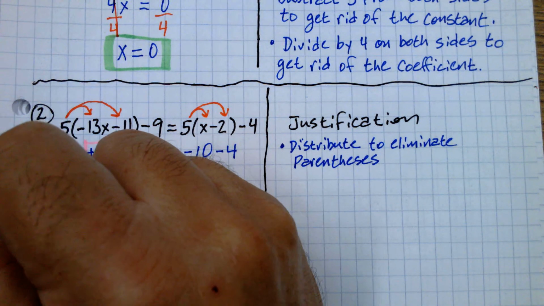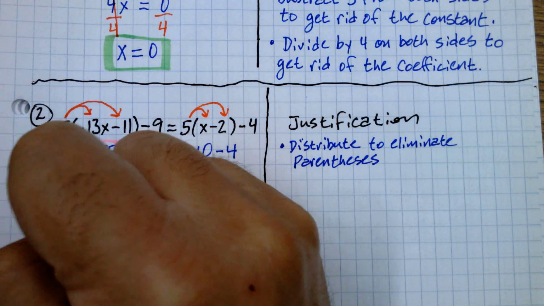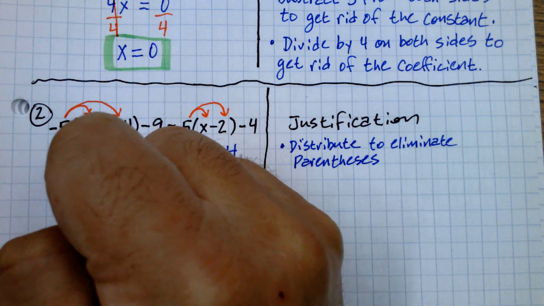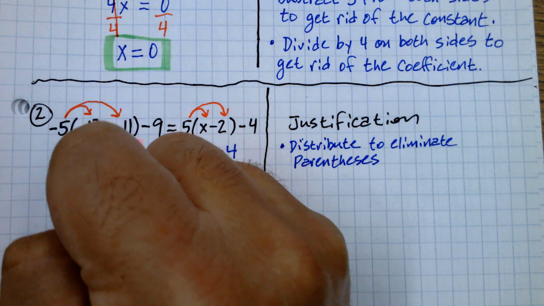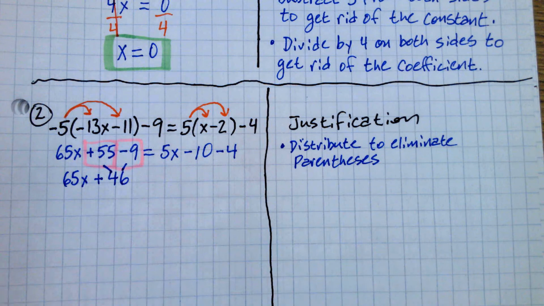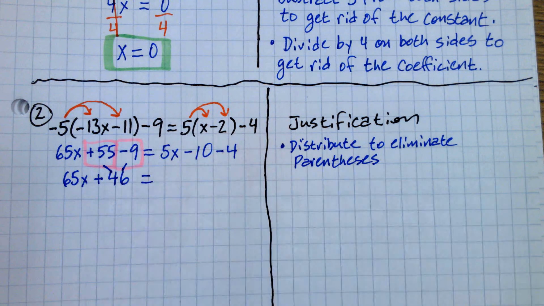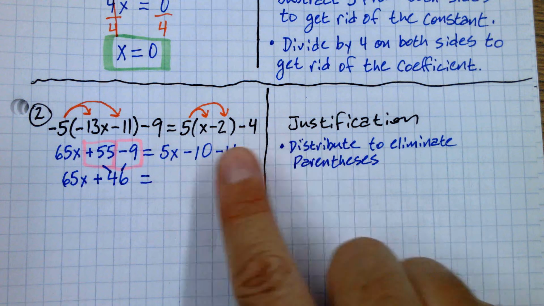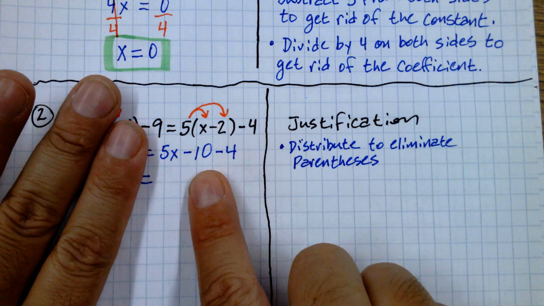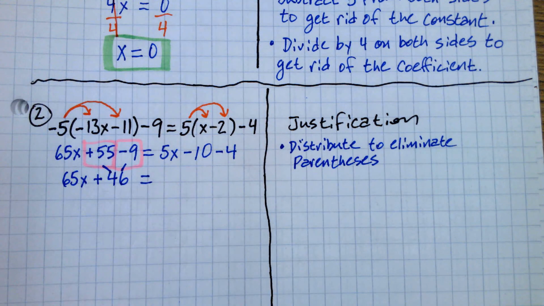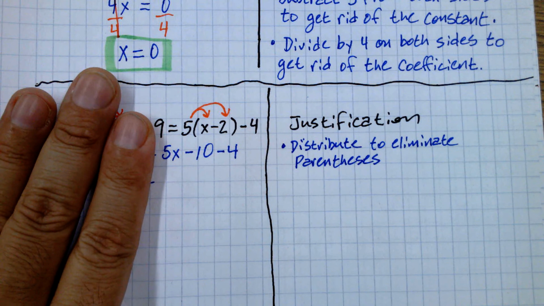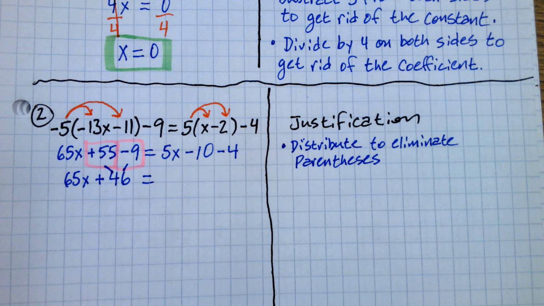So it's going to be 65x plus 46. These two will give me 46 equals. And on the other side, do you see that we can combine here? What are we combining on the right side? Negative 10, negative 4.